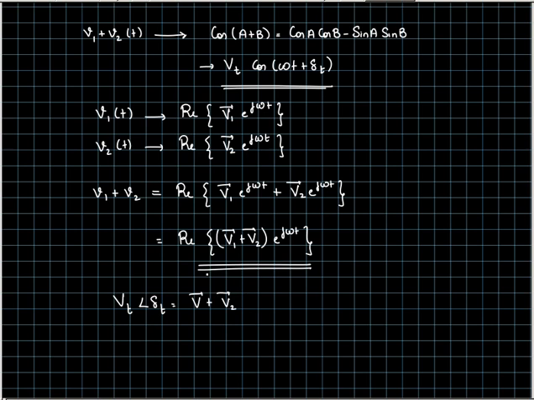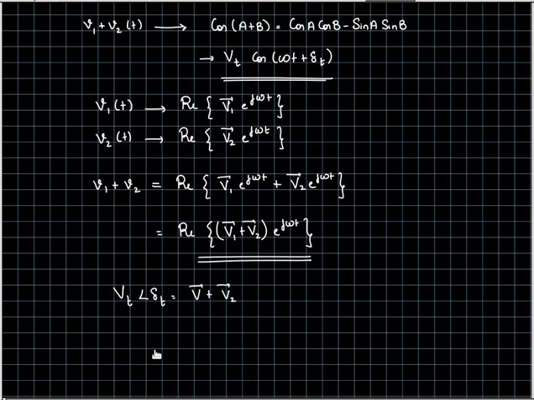Essentially you will only need to add two complex numbers and convert to polar form to find the magnitude and the angle, and then you can straight away write the sum of the two sinusoids as Vt cos(omega t plus delta t).